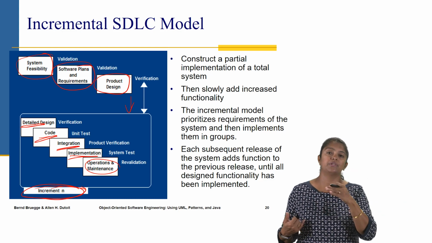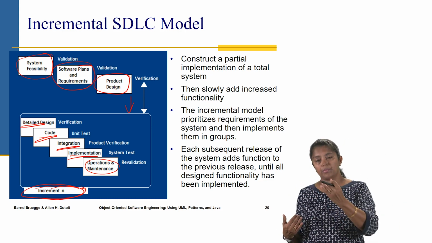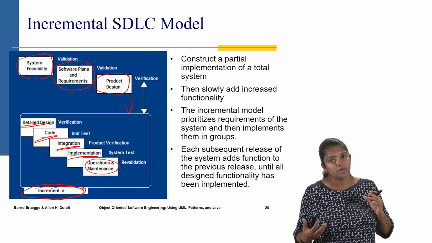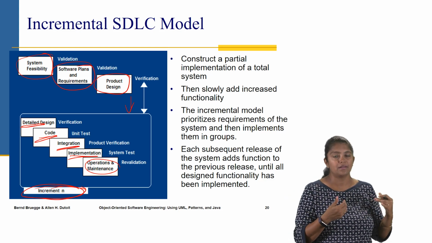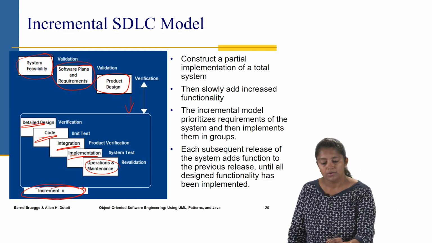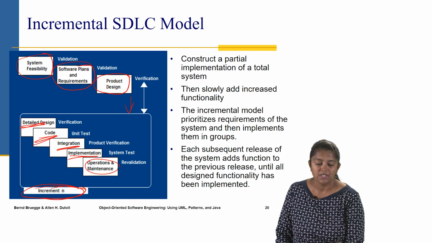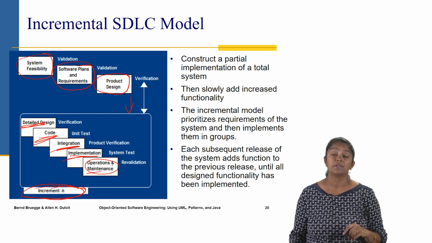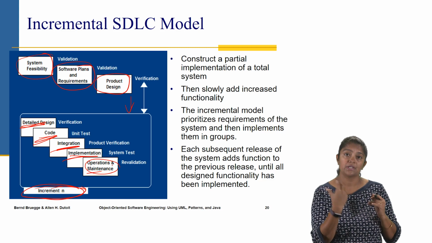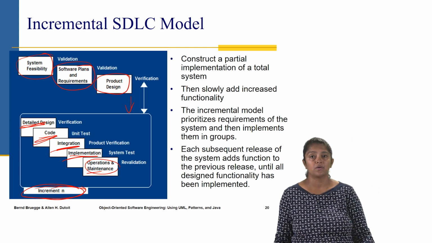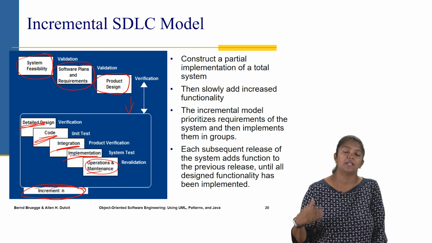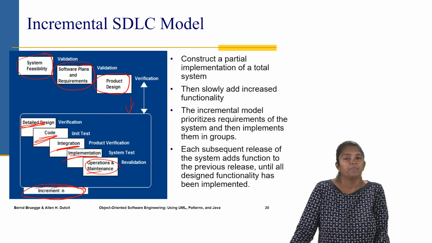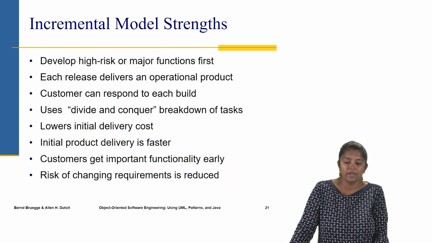And then we move into the next increment, where we pick a second module or a second functionality that gets added to this existing system. We go through the same phases of detailed design, code, integration, implementation, and maintenance, and continue doing this until all of the increments or all of the functionality is implemented. So that's called the incremental model.